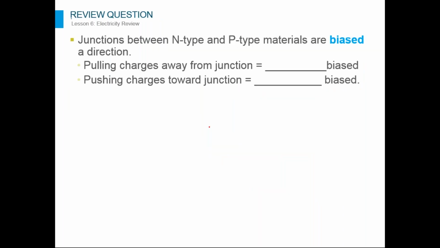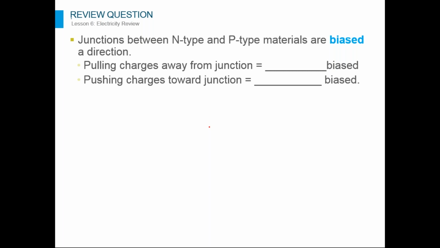Okay, so before we can move on to the next section, we've got a couple more review questions. So junctions between the N-type and P-type materials are biased in a direction. So which is which? Pulling charges away from the junction is blank biased, and pushing charges towards the junction is blank biased.